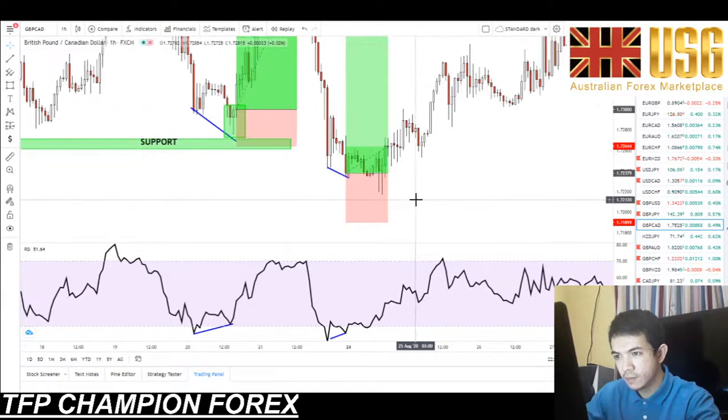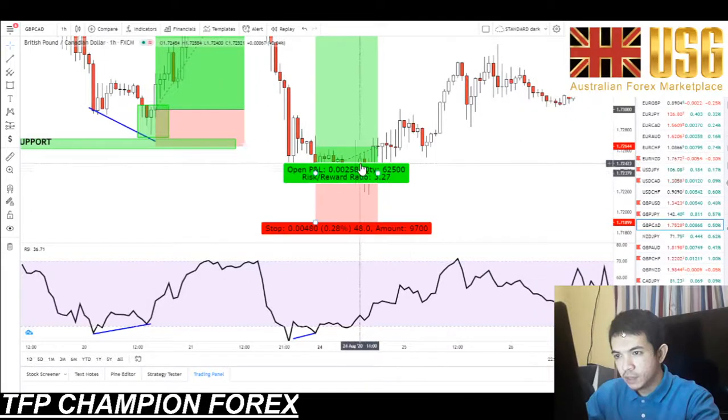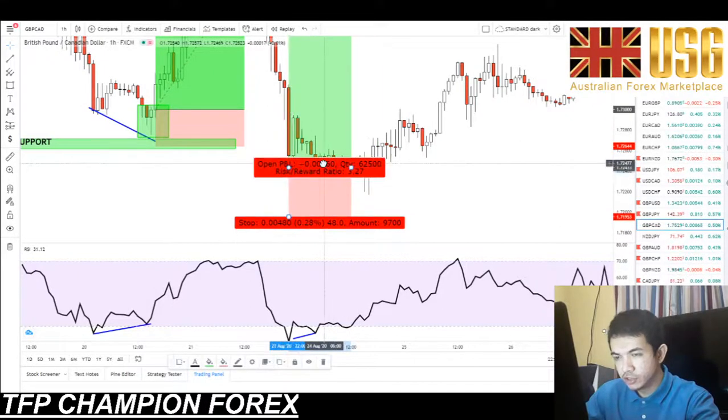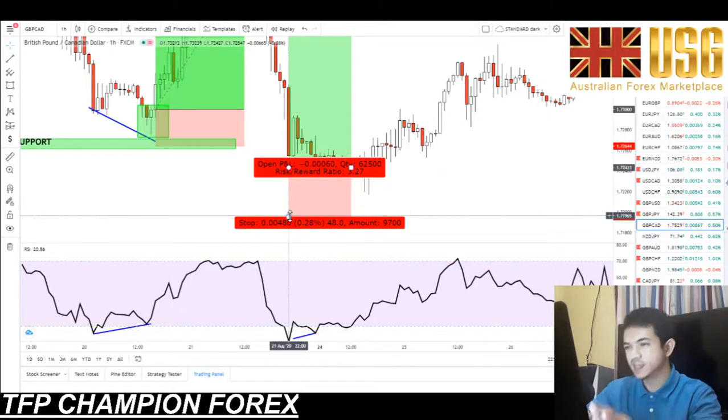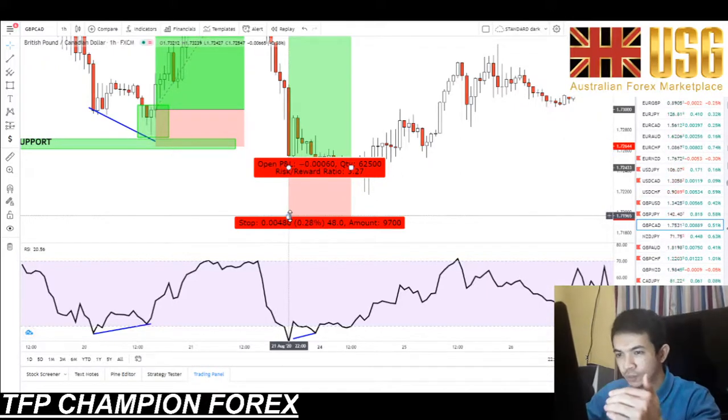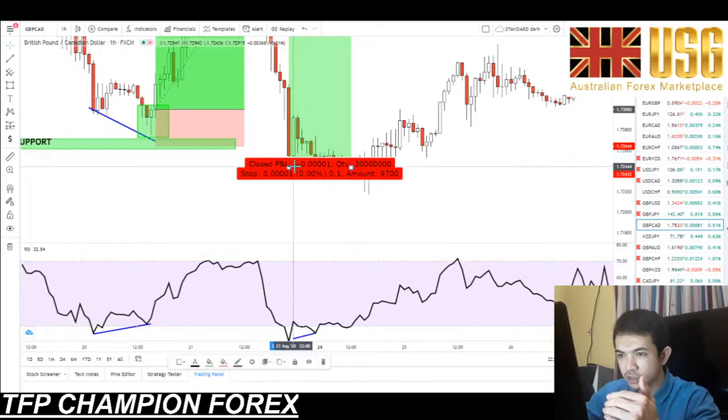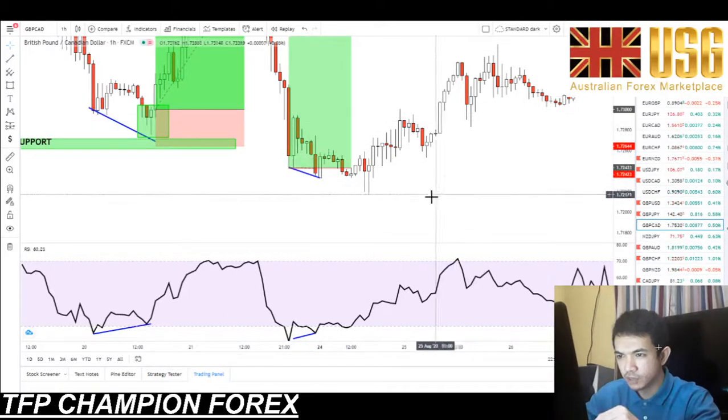So normally, guys, when I do divergence strategy, I don't use stop loss. This is a very risky strategy. However, guys, only do this when you have enough capital in your trading account, right? So normally I don't use stop loss when I'm using divergence strategy.